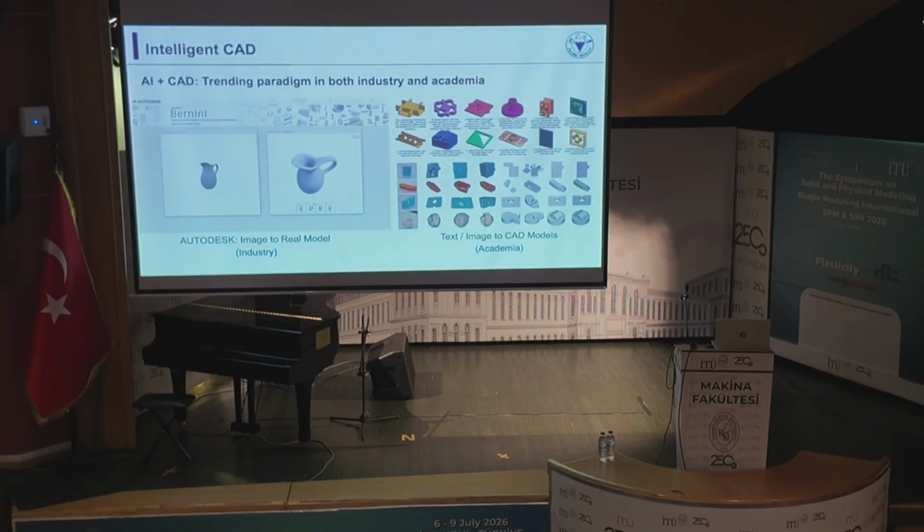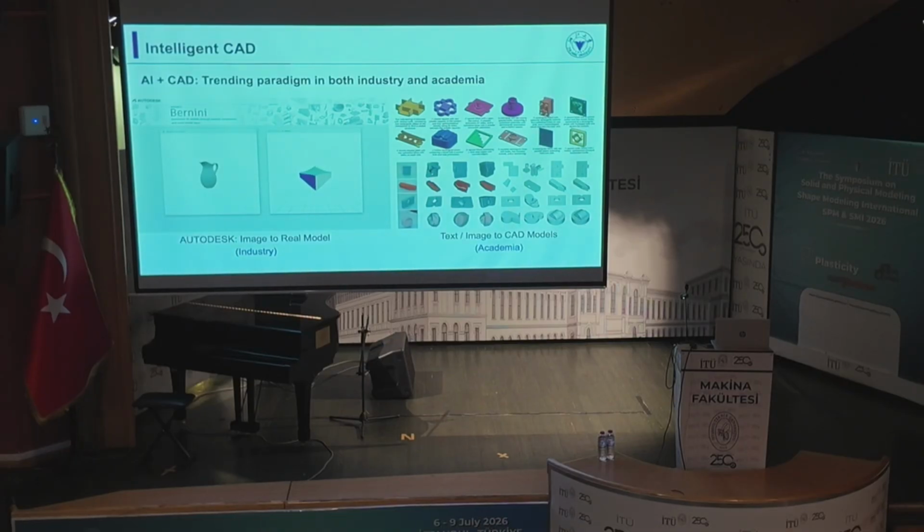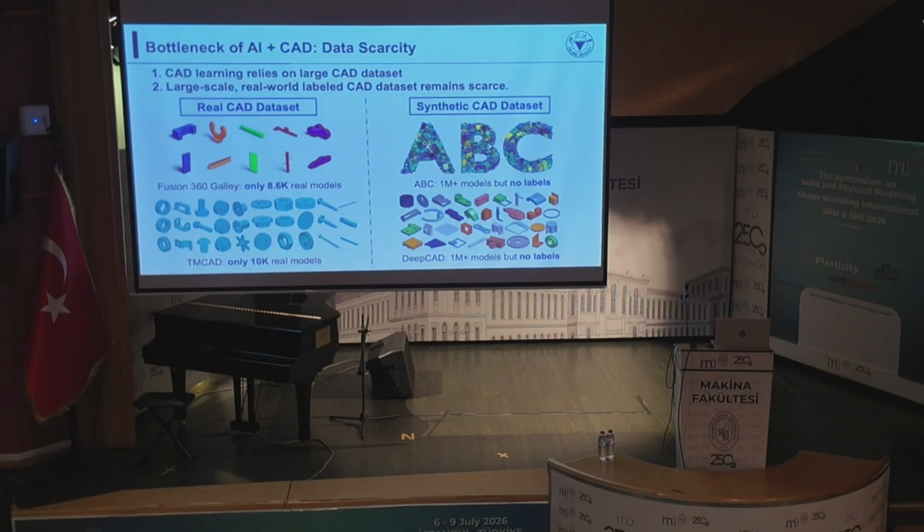Industry companies like Autodesk are exploring workflows that turn images or other inputs into 3D models. In academia, many recent works study text-to-CAD or image-to-CAD. This shows a strong opportunity. AI may help automate CAD modeling workflows and make design much more accessible.